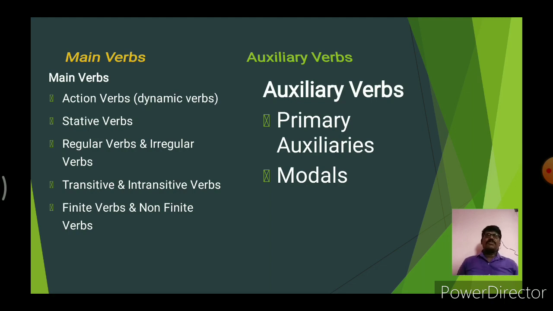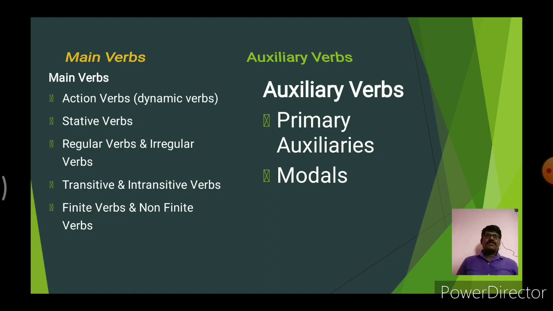Two, auxiliary verbs. Here again, main verbs are categorized as one, action verbs, which are also called dynamic verbs. Two, stative verbs. Three, regular verbs and irregular verbs. Four, transitive and intransitive verbs. Five, finite and non-finite verbs.